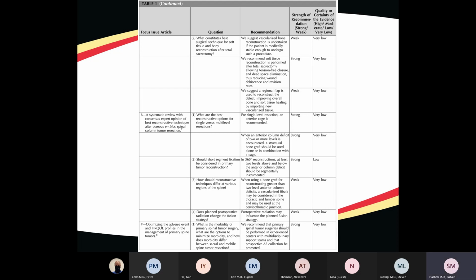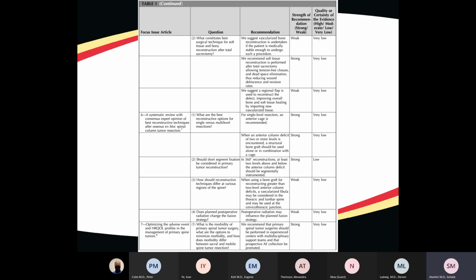Looking at some of the consensus of expert opinion on best reconstructive options for en-bloc spinal column tumor resection, anterior cage is recommended with anterior column support, which makes sense. But even then, the literature is very low just because these series are so small with single center studies.